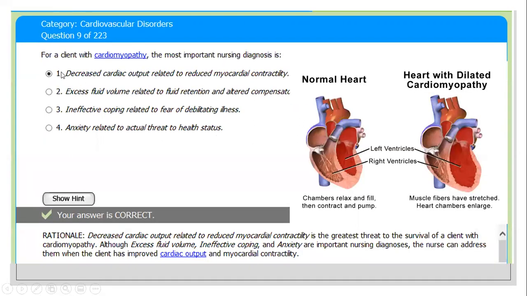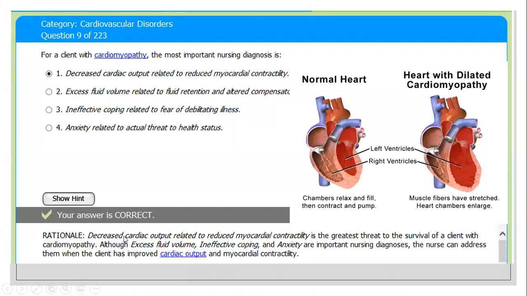The correct answer is decreased cardiac output related to reduced myocardial contractility. So here we can see the normal heart. The chambers relax and fill and contract to pump. And here we can see a heart with dilated cardiomyopathy. The heart fibers are stretched and the heart chamber is enlarged.